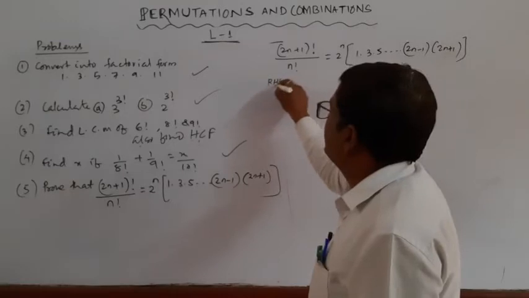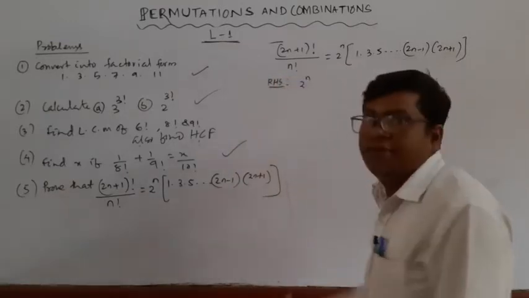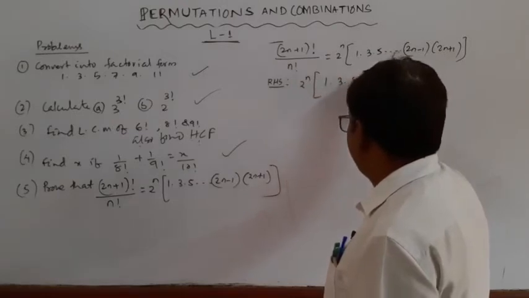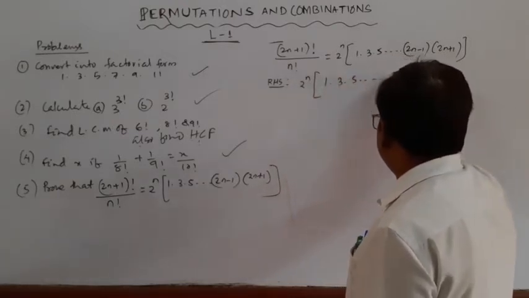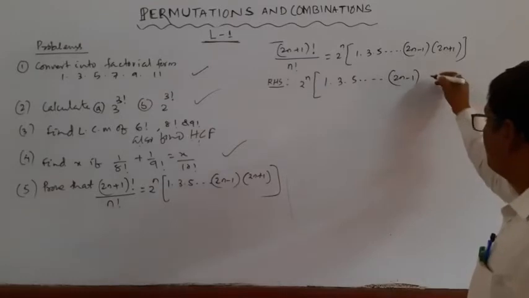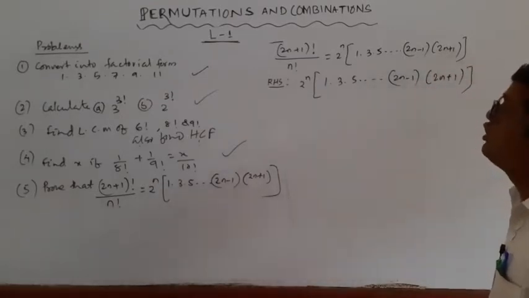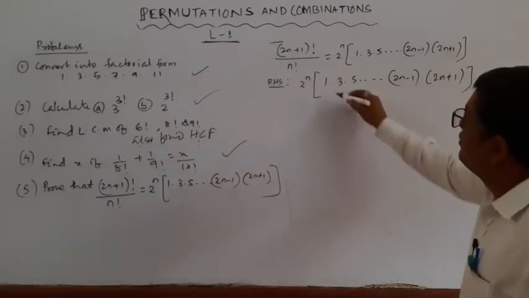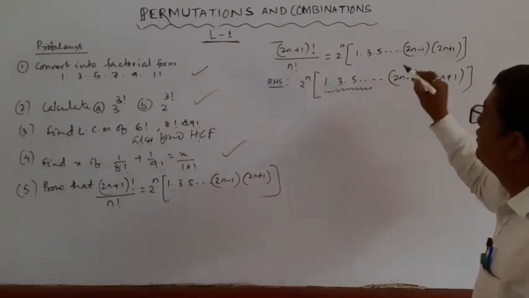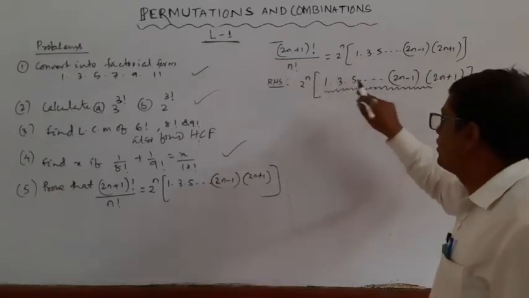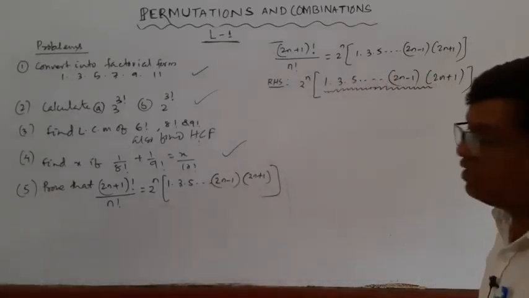Right hand side is 2 to the power n into 1 3 5 dot dot 2n minus 1 into 2n plus 1. For conversion of this into factorial form, this should be maintained serially. But here 2 is absent, 4 absent, 6 absent, even numbers are absent.